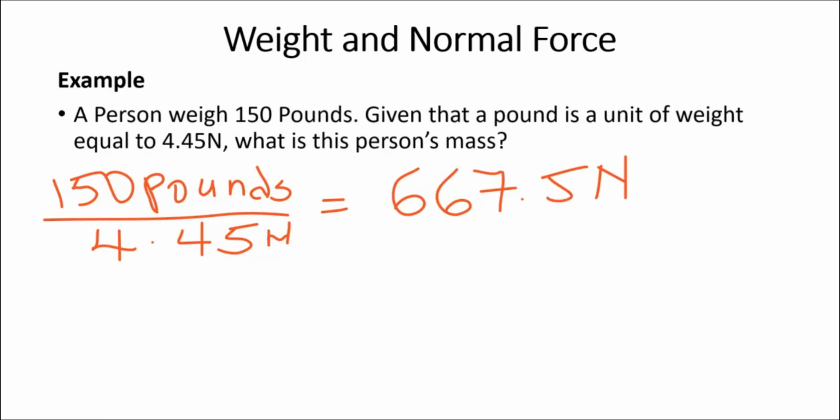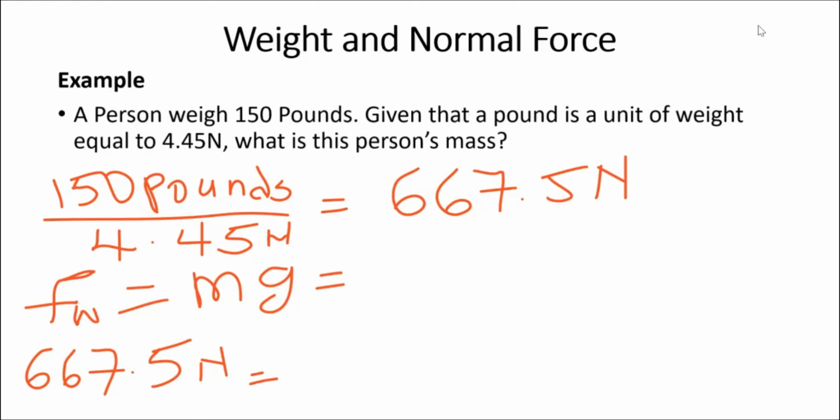Now we have the weight in Newtons. Now calculating this person's mass, like what we had before. Since force of weight is equal to mass times gravitational acceleration, therefore we'll have 667.5 Newtons equals 10 meters per second squared times the mass.